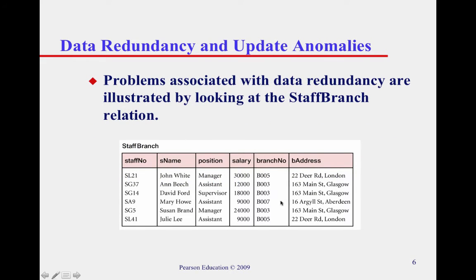So the branch address is redundant. And if I change the branch address of B003, I have to update it in all three locations in this particular relation. And if I forget to update it in even one place, then I'll have inconsistent data.